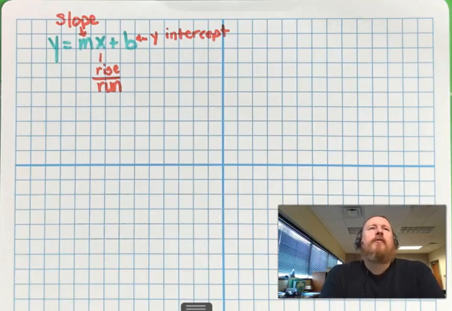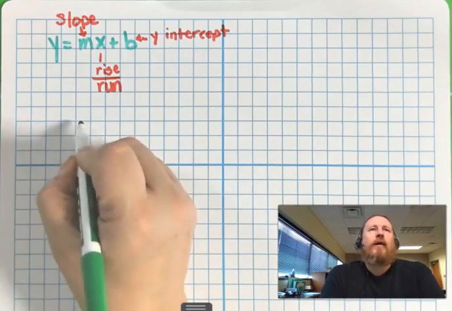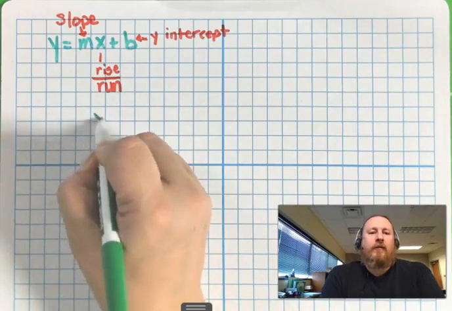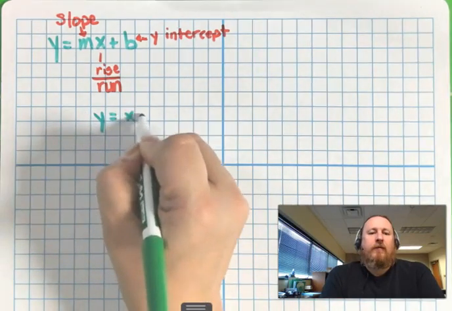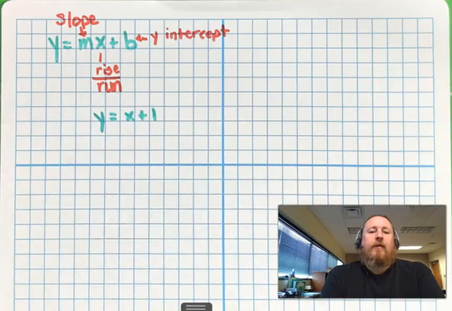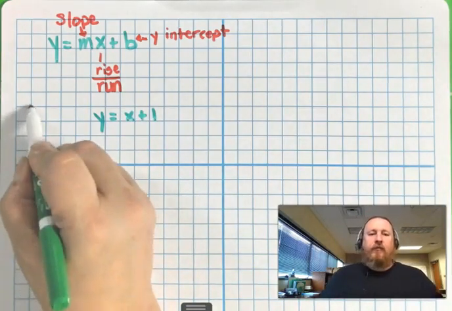And our first equation is y equals x plus 1. So we will run a table going from the value of -2 to +2.